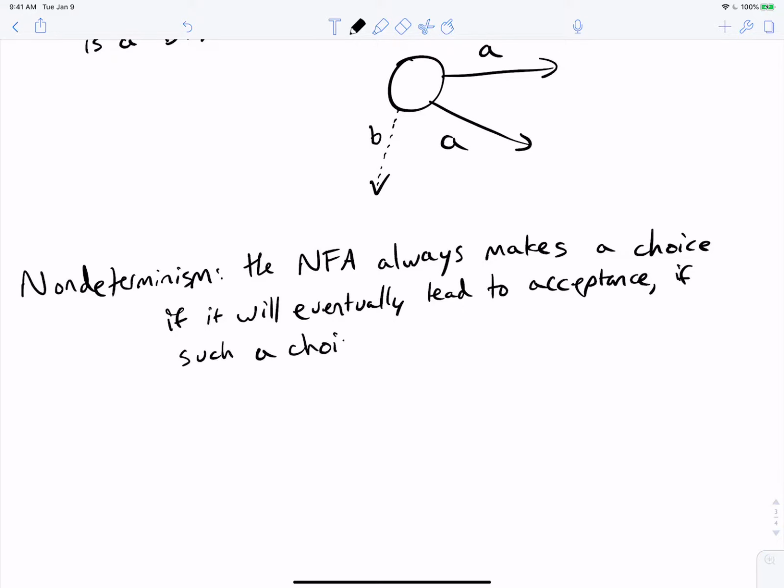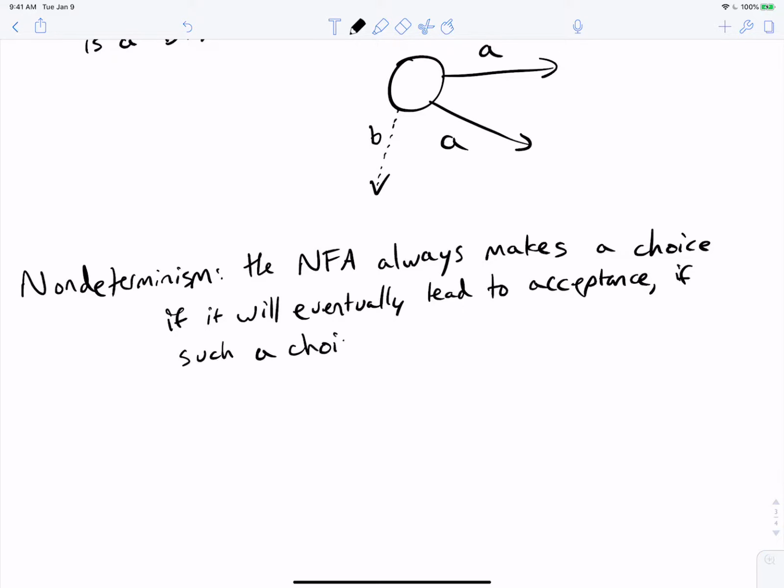Always. Yeah. How does it know if it's going to be accepted? Does it have to try everything? Great question. I don't know the answer either. This is actually something that's kind of weird about NFAs.